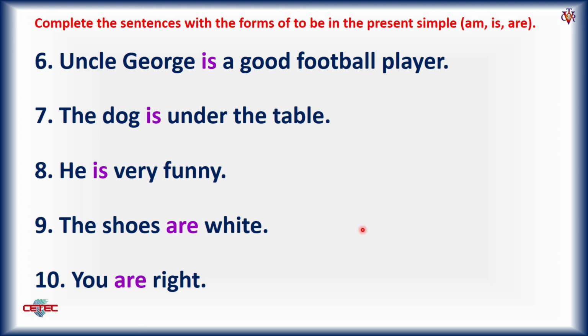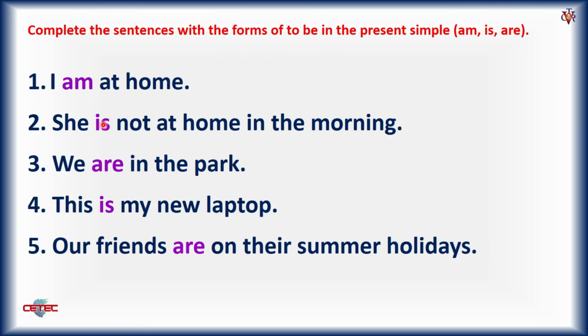See, I hope you have good answers. Let's see. I am. She, they use is. We is plural, are. This is. It's only one laptop, so they use the word is. Our friends, plural, are.